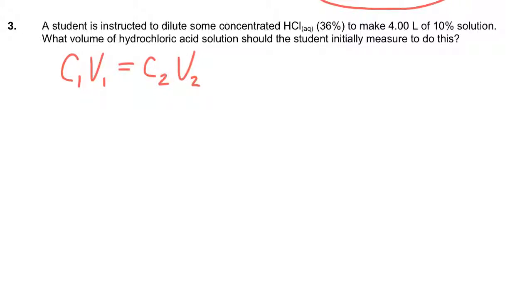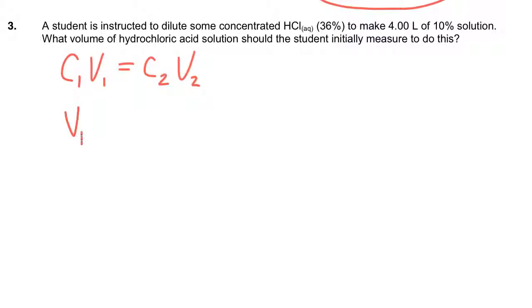So we can keep it as a percent for C1 and keep it as 10% for C2. But what are we asked to find? It says what volume of hydrochloric acid solution should the student initially measure to do this? So it's asking for the volume of the standard solution. That's V1. That's what we want to find.